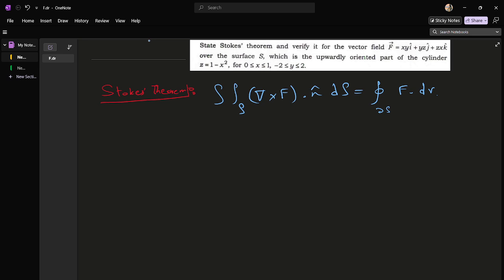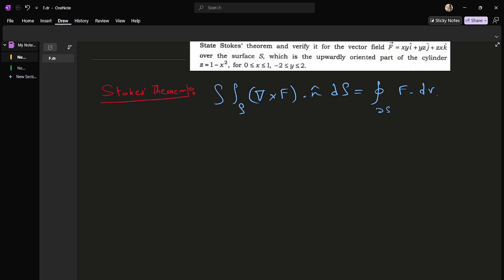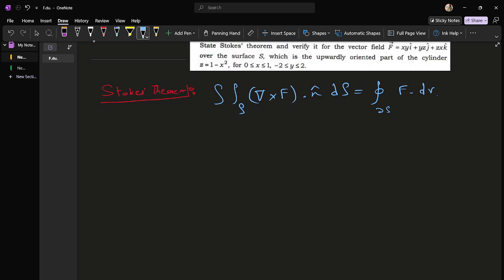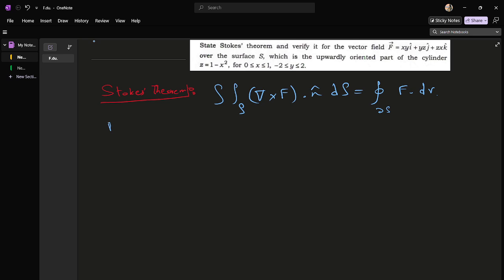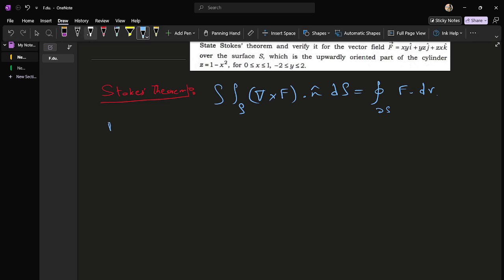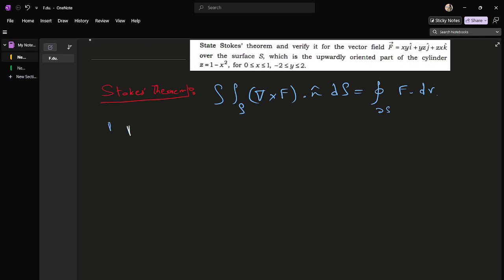So now we are tasked to verify the Stokes theorem for the vector field. What is our vector field? Our vector field is F bar equals to xy i cap plus yz j cap plus zx k cap.